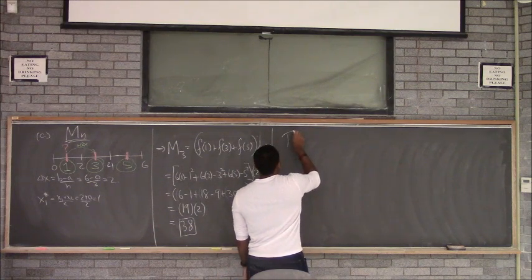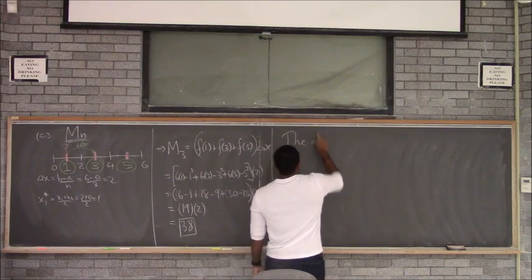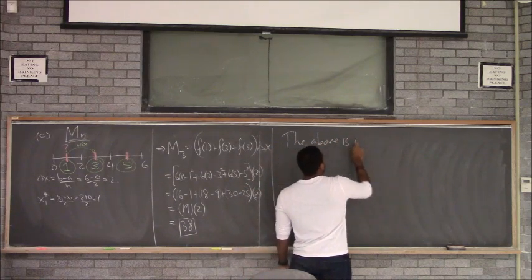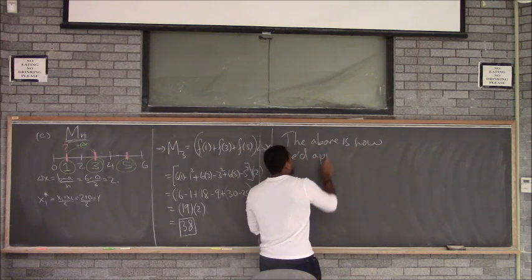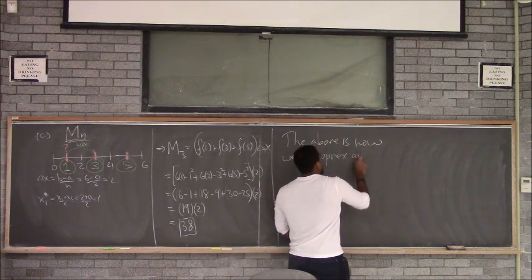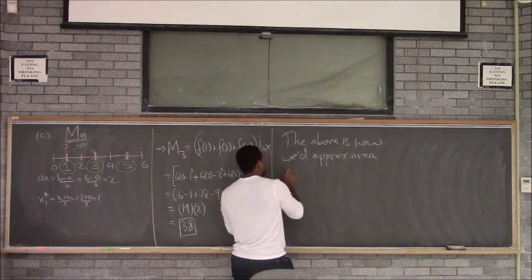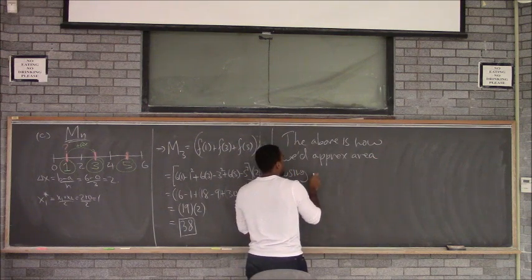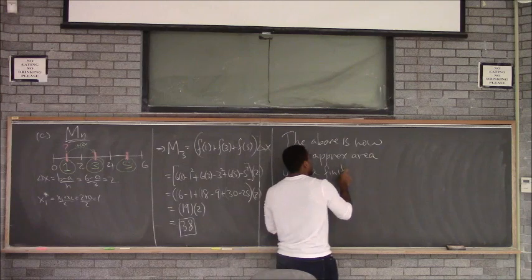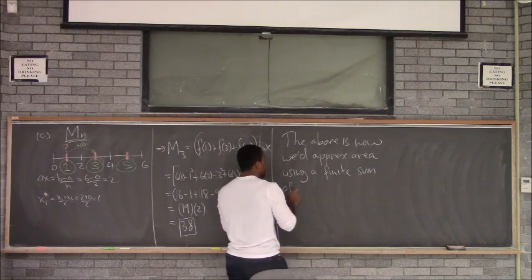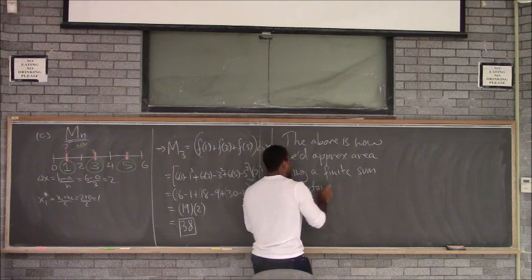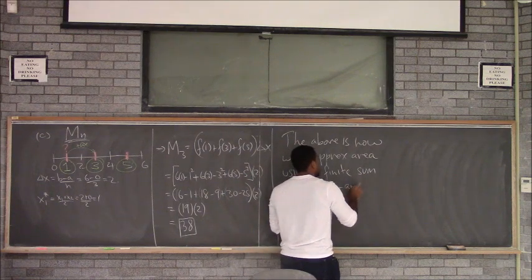So the above is how we approximate area using a finite sum of rectangular areas.